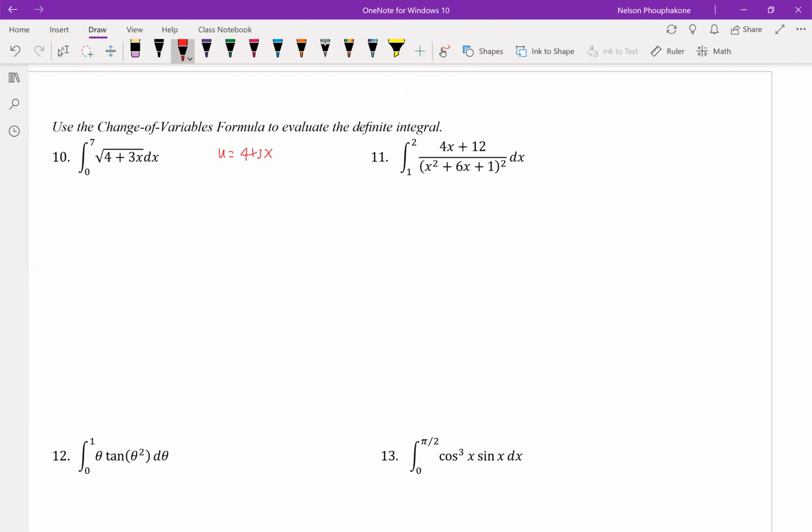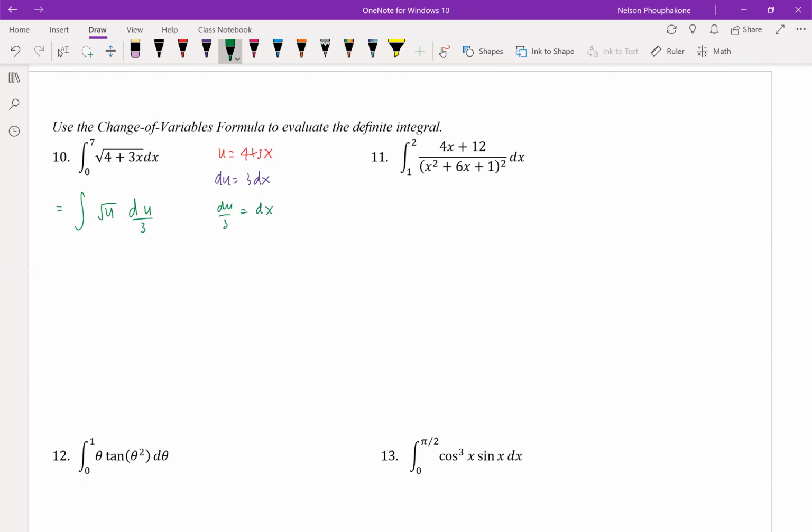Then du is 3 dx, or we will have du over 3 equal to dx, right? And here, what we are going to have is we will change this to the square root of u and du over 3.